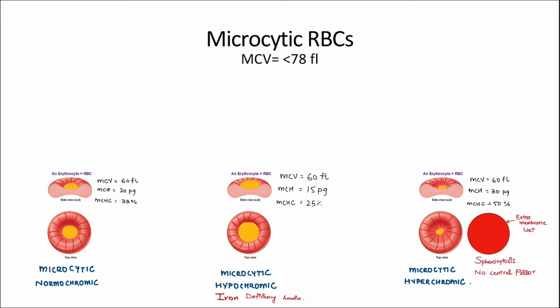What do we mean by microcytic RBCs? The RBCs which have mean corpuscular volume less than 78 femtoliters are called microcytic RBCs. So here again we have three types of cells: cell 1, cell 2 and cell 3. If you see carefully, I put a smaller diagram of these cells because they are microcytic, their sizes are small.